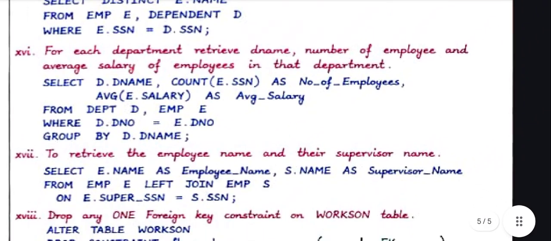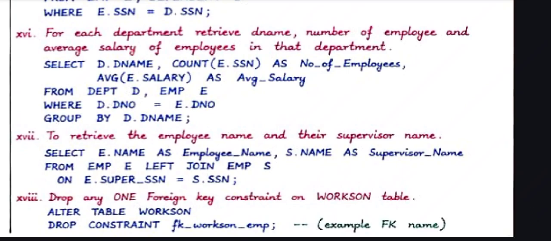For each department, retrieve the department name, number of employees, and average salary of the employees in that department. Select d.name, count of e.ssn as number of employees, avg of e.salary as average salary from department D, EMP E where d.dnum equals e.dno group by d.name.